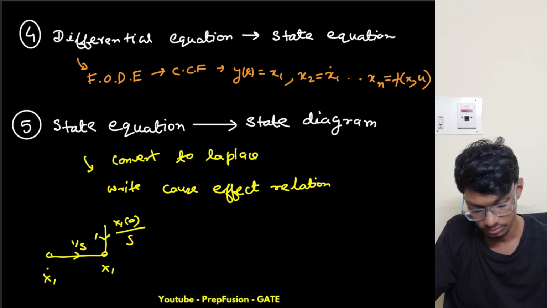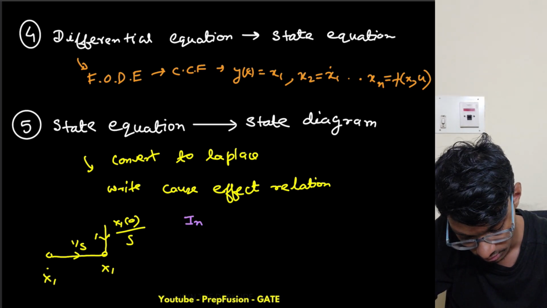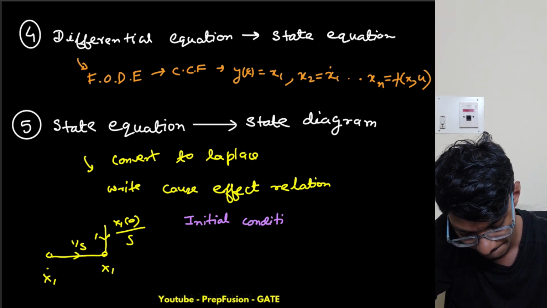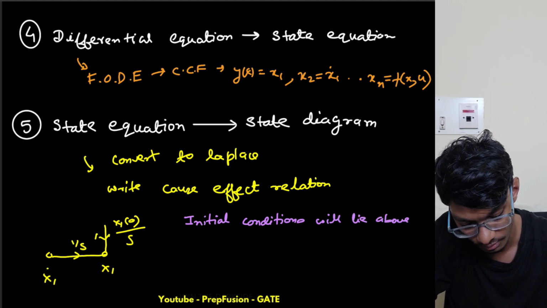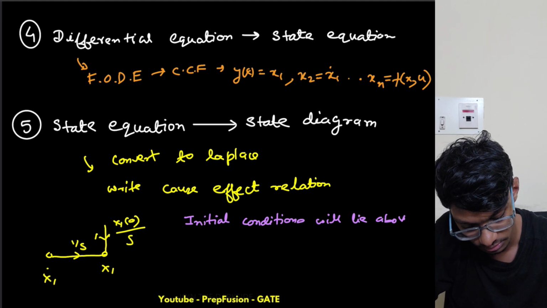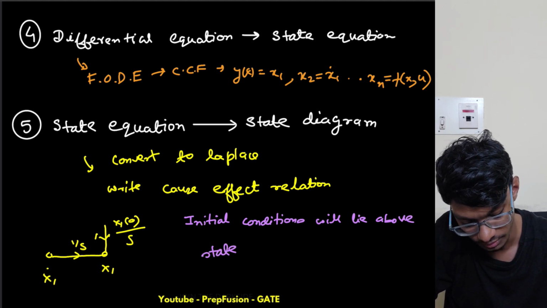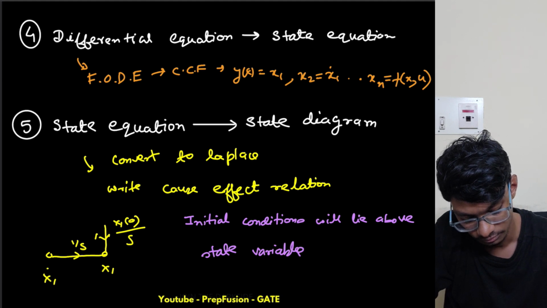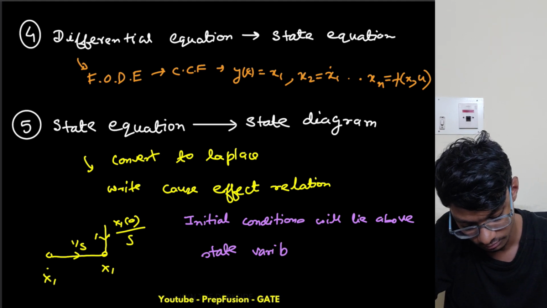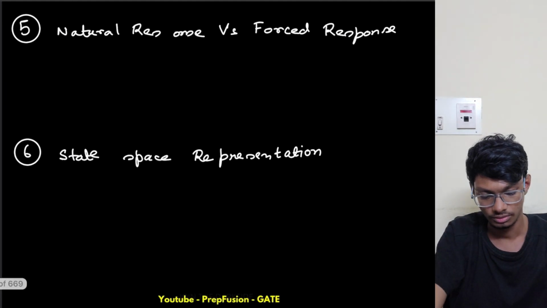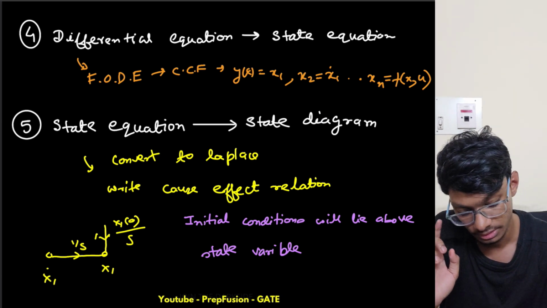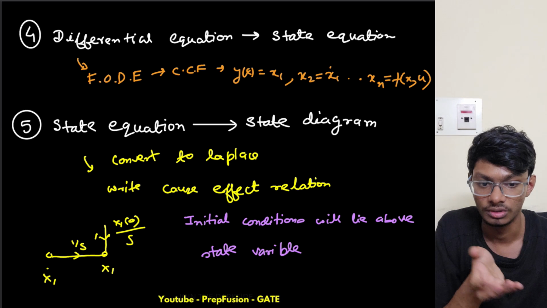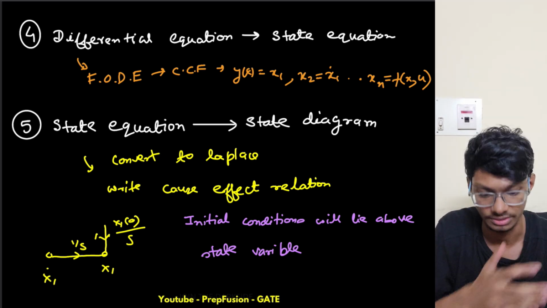So I have to write: initial conditions will lie above state variable. Next, one more thing I forgot: the number of integrators will be the order of the system, or the number of 1 by s terms basically.